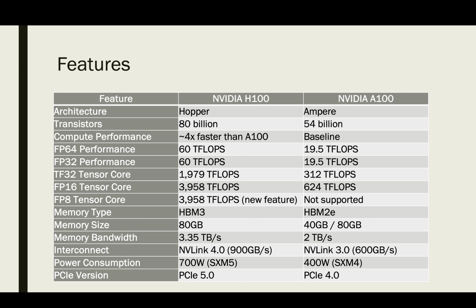Compute performance is 4x faster than A100 as a baseline. Memory type is HBM3 in H100 and HBM2E in A100. Power consumption is 700 watts for H100, and in case of A100 it is 400 watts.